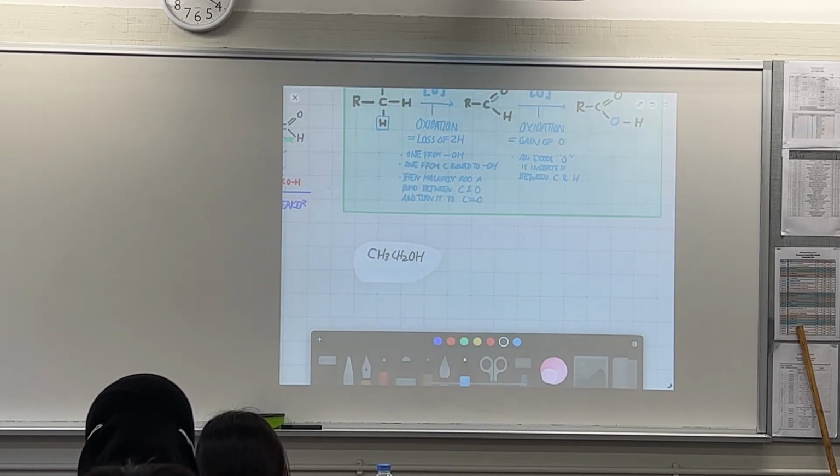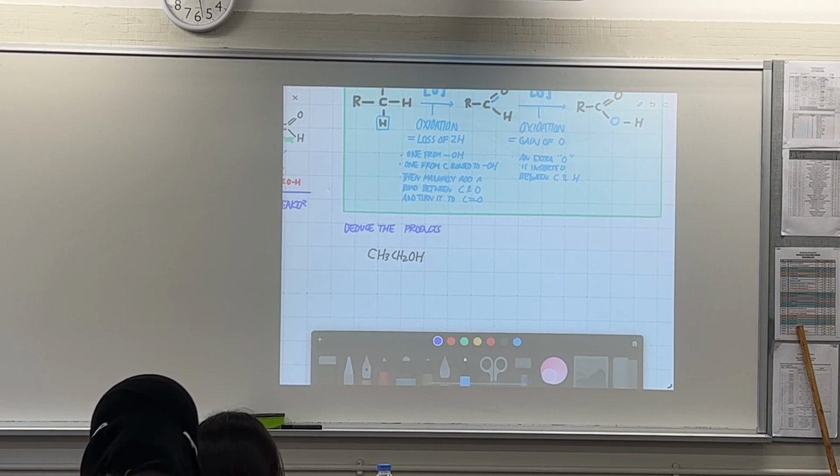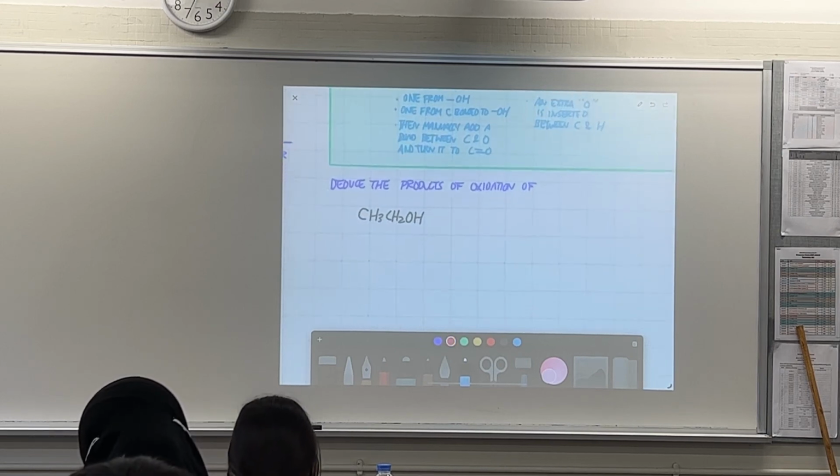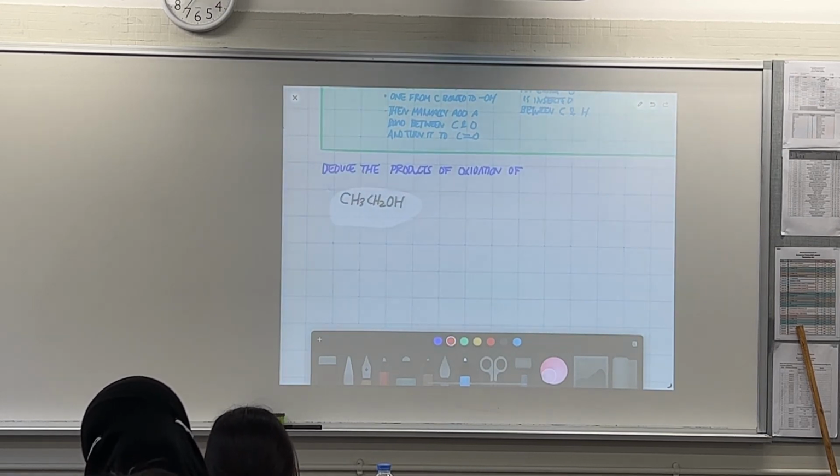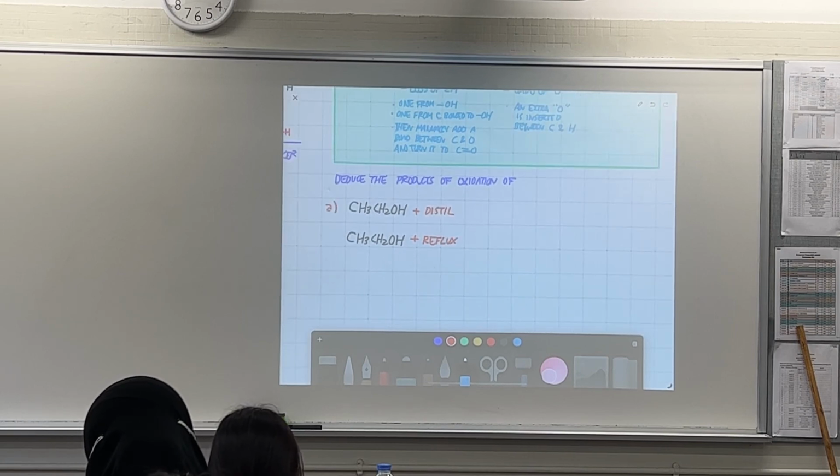Okay, copy this question first. Deduce the products of oxidation of ethanol when I distill it and when I reflux it. So this is part A and part B.